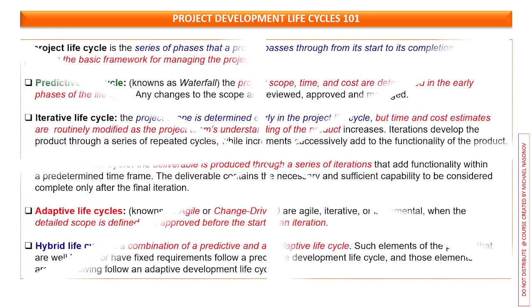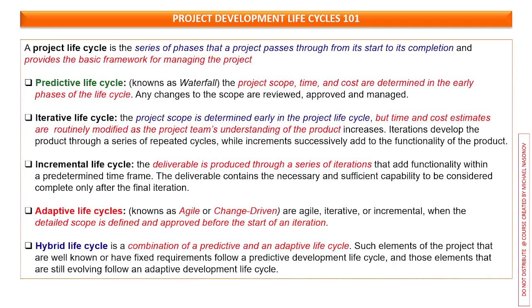Now, let's go to official project development life cycles 101. Officially, a project life cycle is the series of phases that a project passes through from its start to its completion and provides a basic framework for managing the project.